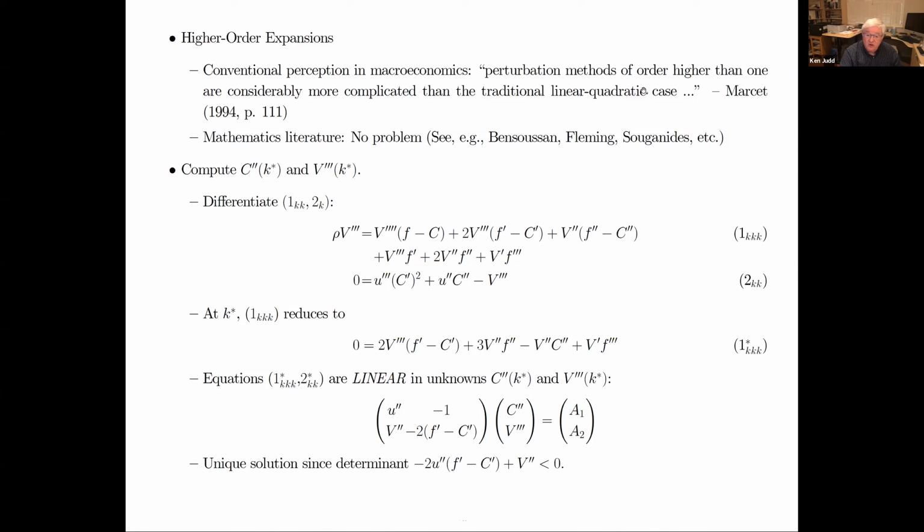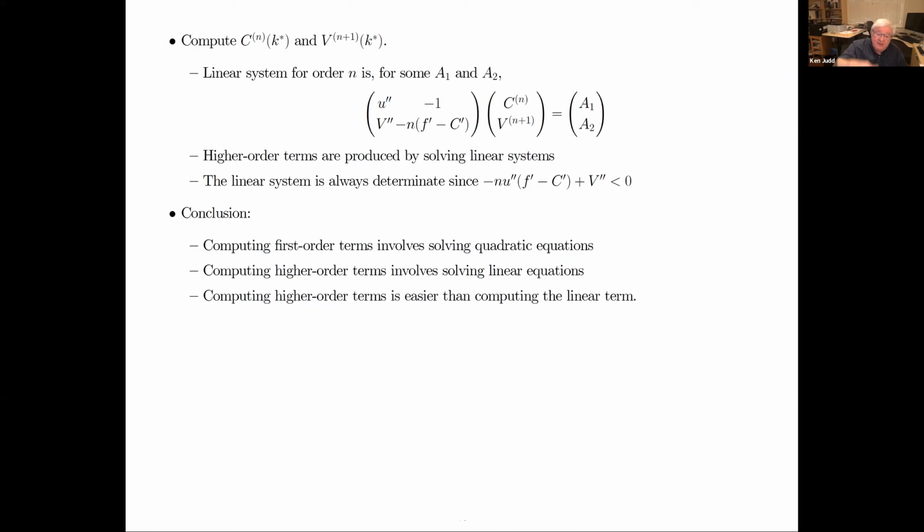Perturbation methods of order higher than 1 are considerably easier than the traditional linear quadratic case. Easier in the sense that in the linear quadratic step you have to solve a Riccati equation, and now you just have to solve a linear equation. This is easier conceptually. There may be a lot of these linear equations, but it's linear, so nothing hard about that. And this can go on and on.